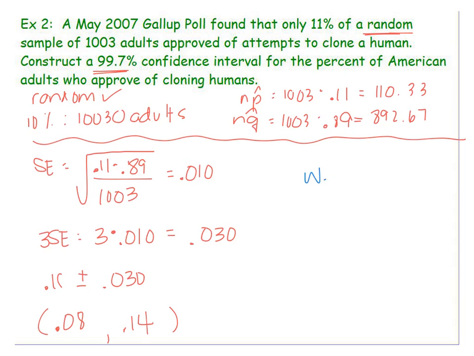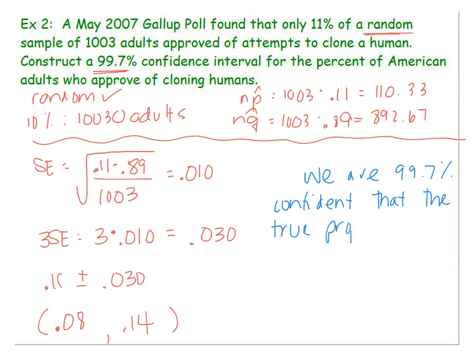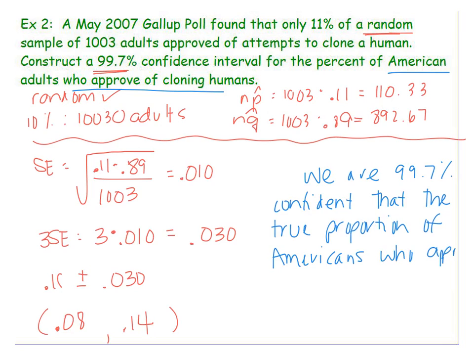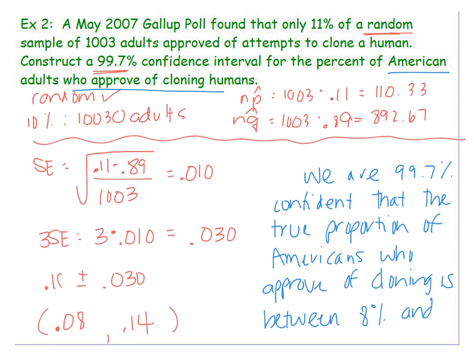So remember, it always starts off with, we are. Now what's our percentage this time? 99.7% confident that the true proportion of, and here's the next fill in the blank, Americans who approve of cloning, the true proportion of Americans who approve of cloning is between, and here's our other fill in the blanks, 8% and 14%.